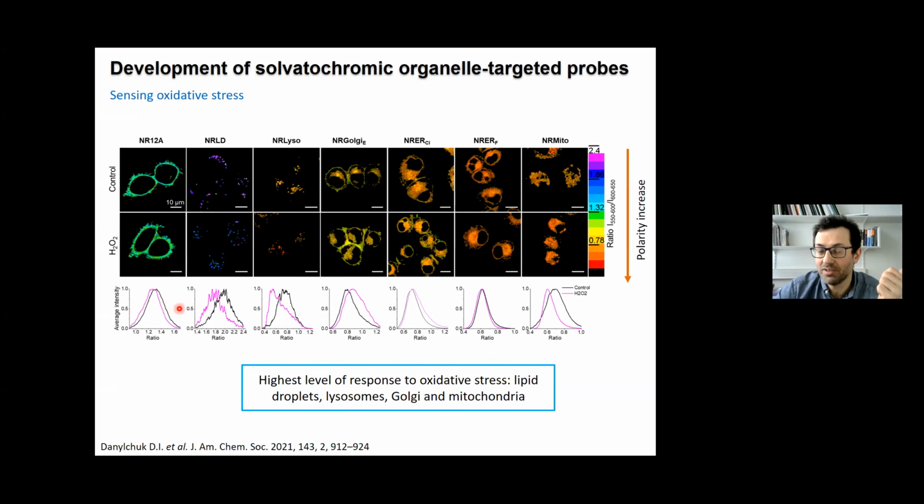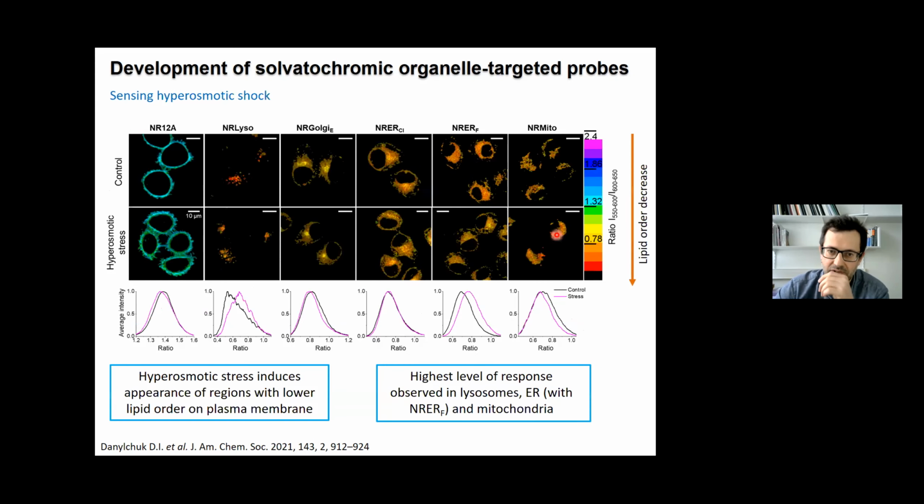Plasma membrane a little bit, lipid droplets a lot, they were quite sensitive. Then lysosomes were also quite sensitive. Golgi and mitochondria also reacted quite strongly. And this actually reflects oxidation of lipids, and those oxidized lipids produce an effect on polarity, local polarity.